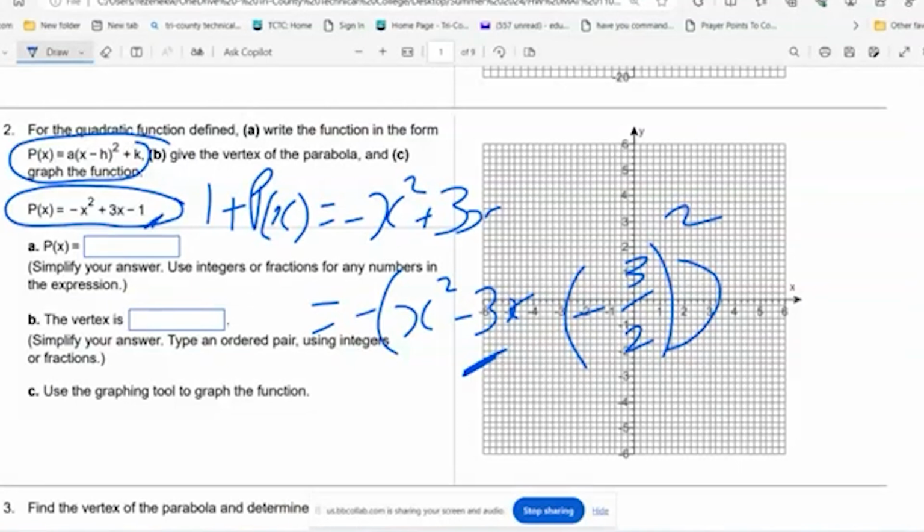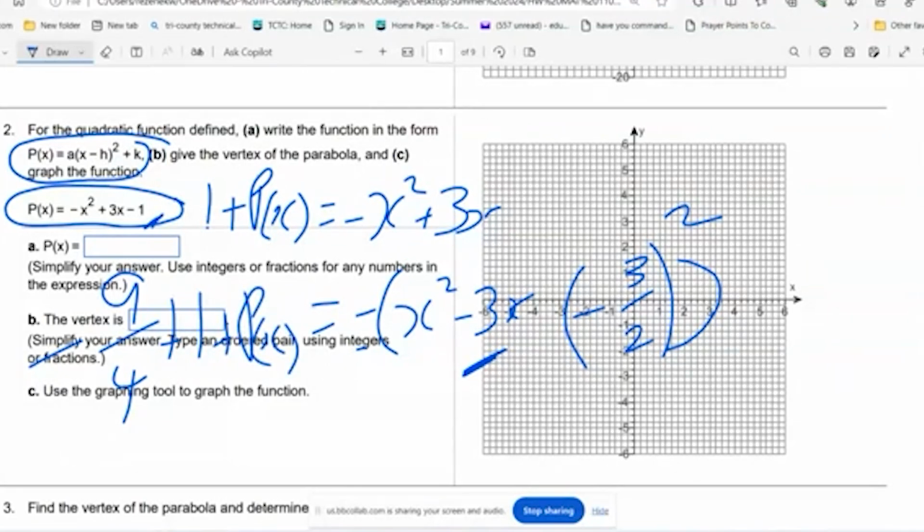I want you to know that I took the negative off, so when I square this and bring it here, that is actually 9/4. So I'm going to write 9/4 here. But remember, because of the negative here, I'll put -1 plus 1 that is already here plus p of x.